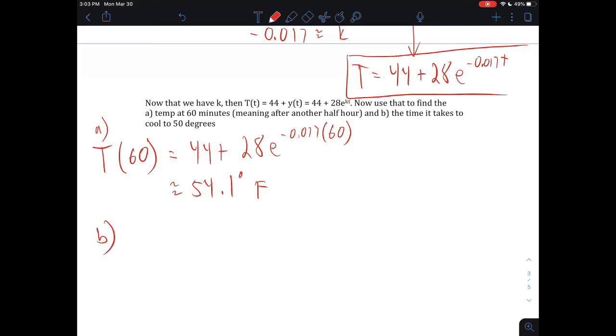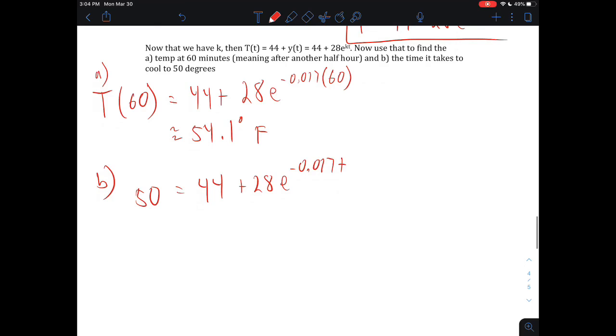And then part B, find the time it takes to cool to 50 degrees. So again, this means the temperature is 50, not the time. And we set that equal to 44 plus 28 e to the negative 0.017 t. And we just have to solve for t again. So we would subtract 44 from both sides, divide both sides by 28, which would give us a fraction 3 over 14.